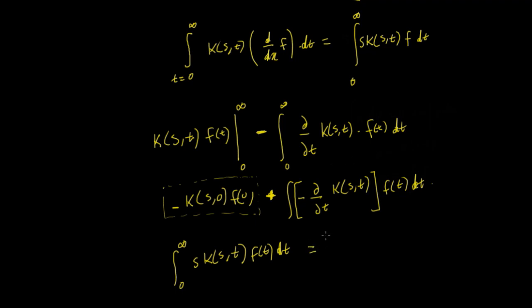Okay, so that's going to equal the integral from 0 to infinity of minus partial by partial t of k of s t times a function f of t dt.